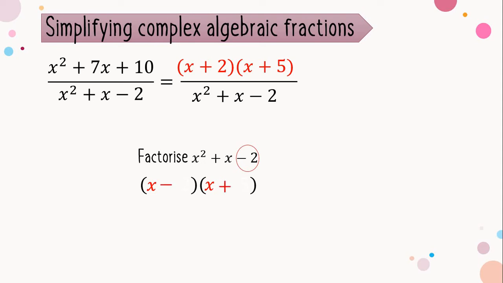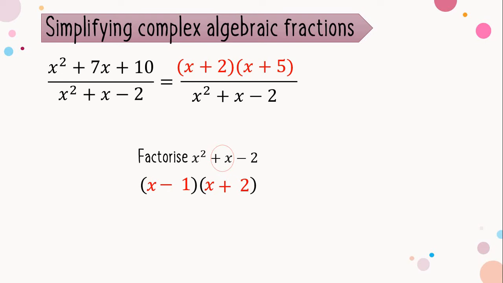I will write negative and positive over here. And then the numbers that can form 2 are only 1 and 2. So we need to find which one is positive and which one is negative by looking at the middle one. The middle one is positive, so the bigger number must be positive. So 2 over here, 1 over here.